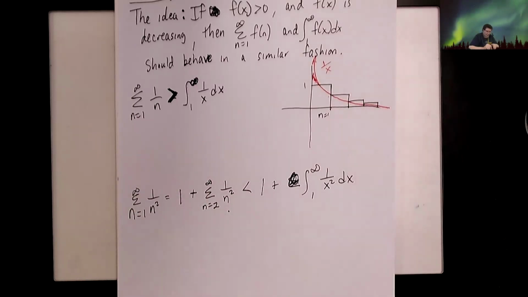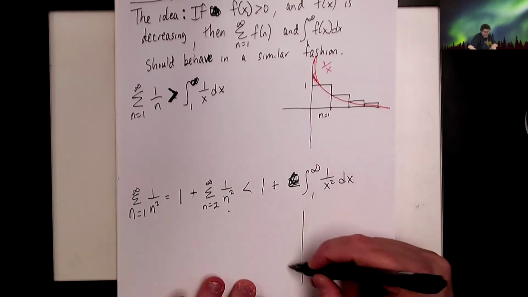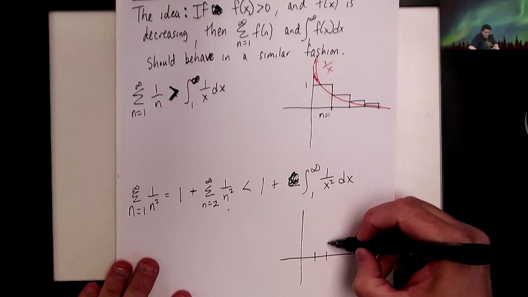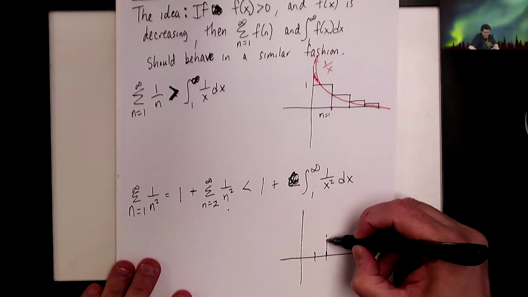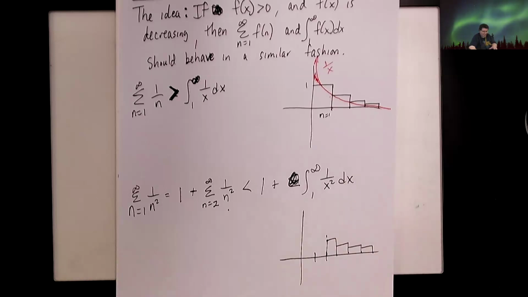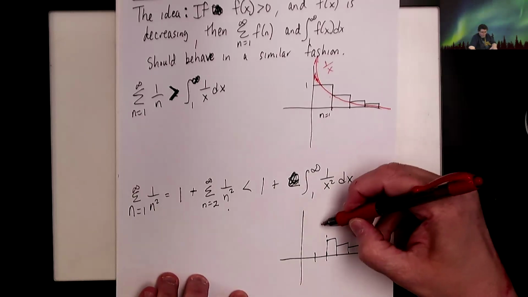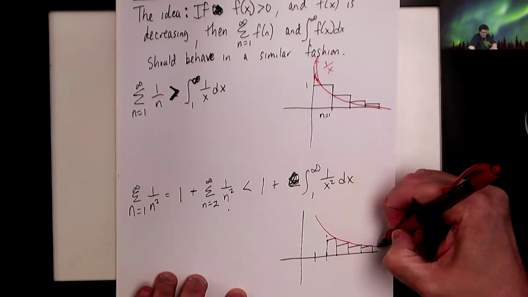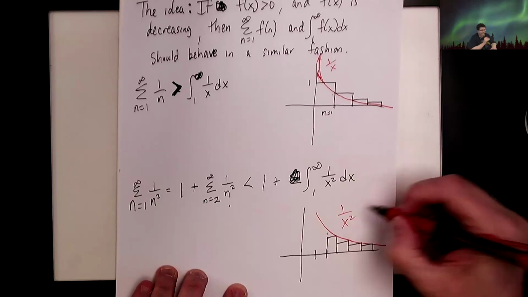And on this one, we had it starting at n equals 2. We had our boxes. And this one was slightly above it, 1 over x squared.